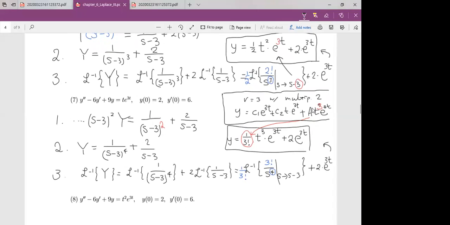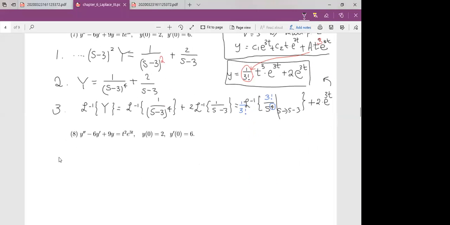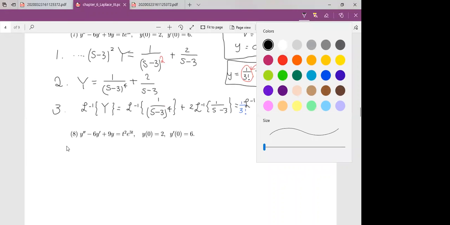All right, number 8 is quite similar. The left-hand side is the same.